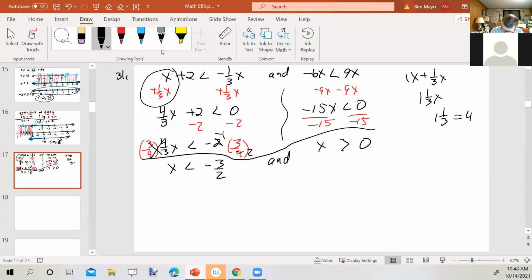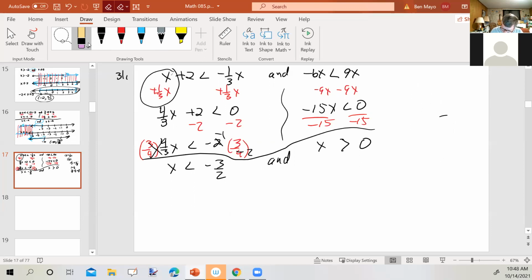That's 4/3. 1 plus 1/3 would be 3/3 plus 1/3, which is 4/3. Oh, okay. Yeah, I got it. Alrighty. I could probably just leave that there, I guess.